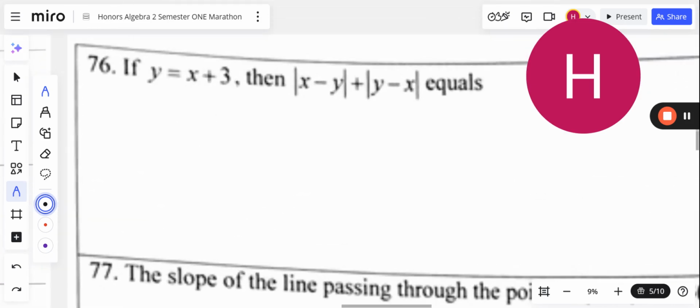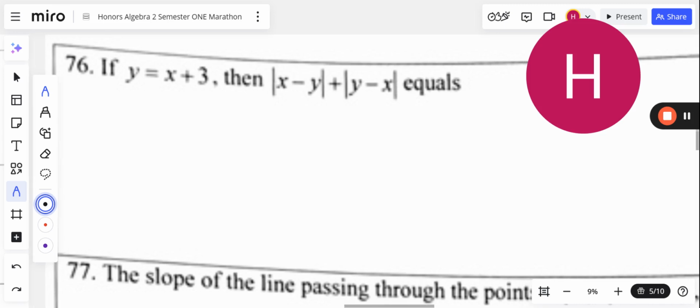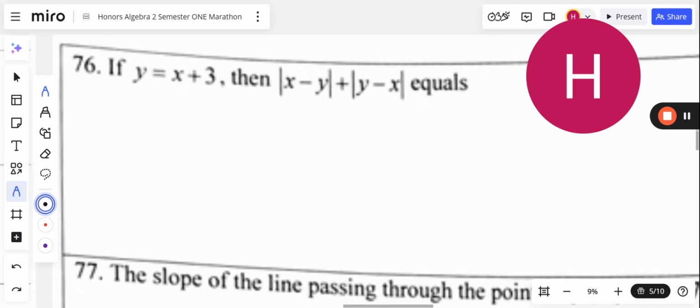Oh, here we are working with absolute value again. Remember that absolute value stays the same if you're putting in a number that's not negative. If you put in a number that's negative, it's going to flip it to the opposite. So if y = x + 3, that means that y minus x = 3. And that means x minus y, which is -y minus x, equals -3, because y minus x equals 3, obviously.